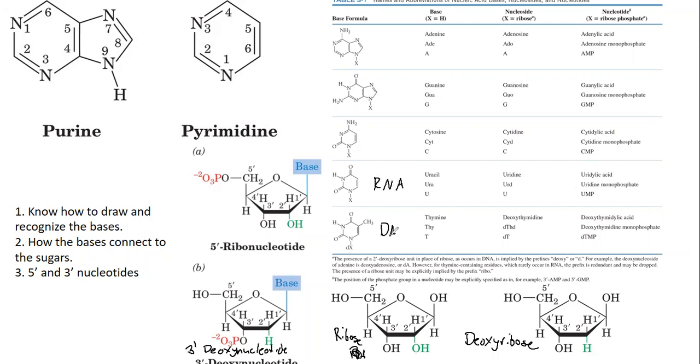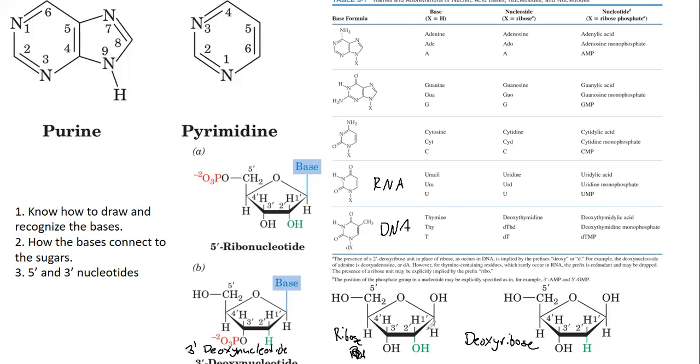T is DNA only. And the RNA and DNA is referring to what sugar we have on our nucleotide. So nucleotides are really made out of 3 different things. They're made out of a base, a sugar, and usually they have phosphates on them, right?